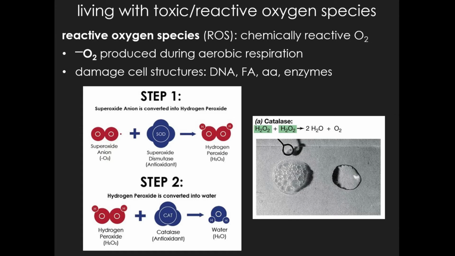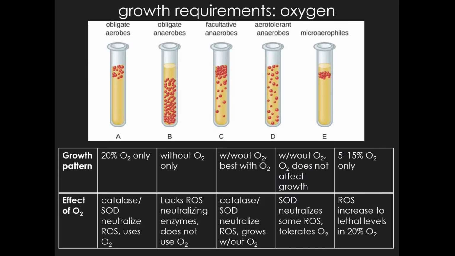In the next slide, we're going to talk about how the presence of catalase and superoxide dismutase allow organisms to live in and thrive in aerobic environments. And we've talked a little bit about oxygen in the past. You've seen some stuff in lab about the growth requirements of organisms in terms of their oxygen requirements. And you know that one of the media that we use in order to determine the oxygen requirements for a given microorganism is something called fluid thioglycolate media.